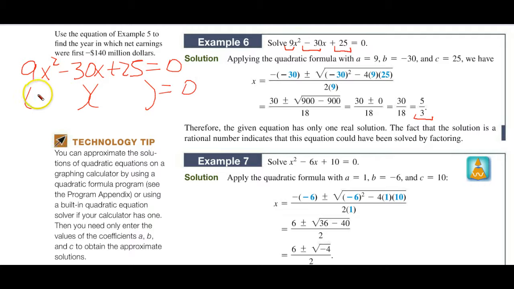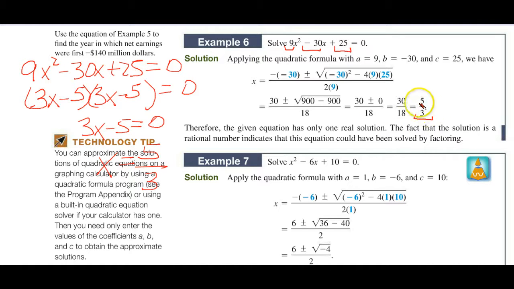Because I recognize this as a perfect square trinomial, so basically what you're getting here is 2 of the same. So we get 3x minus 5 equals 0. So we have x equals, we transpose the 5, divide by 3, and that's our answer.